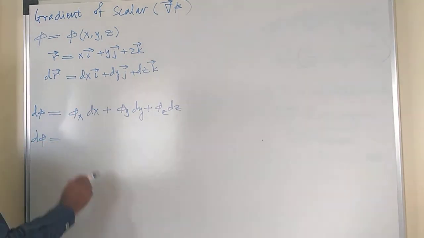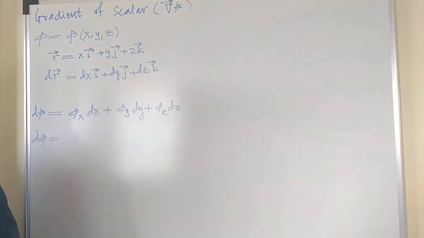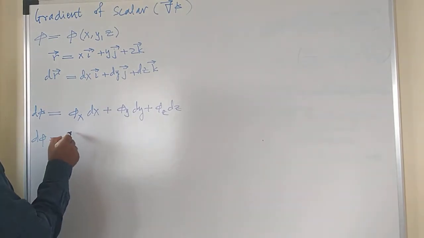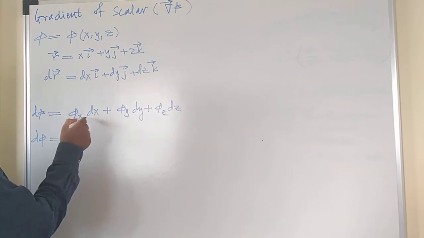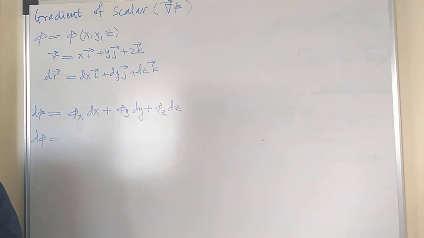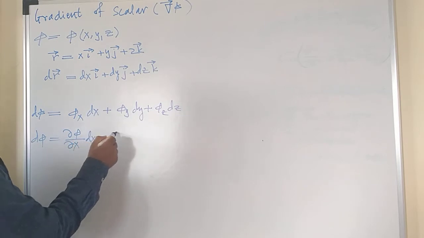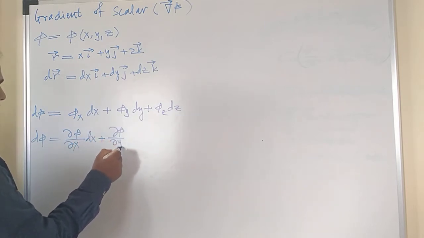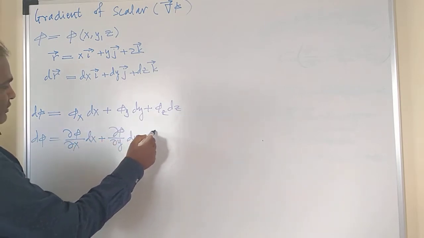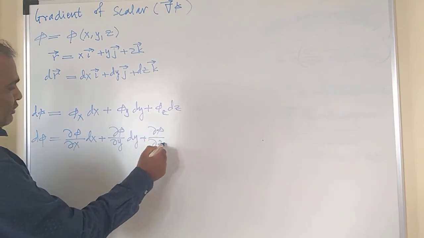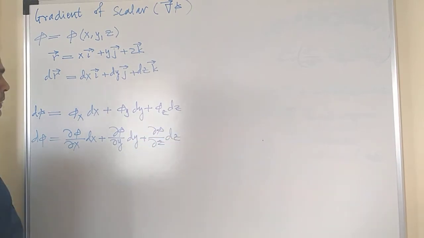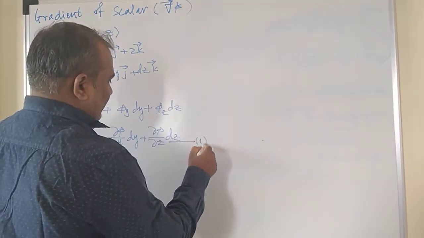So for more clarity, I can write the total differentiation of the given scalar point function d phi. Phi x, phi y and phi z are the partial derivatives of the scalar point function with respect to x, y and z. Therefore I can write d phi equal to dou phi by dou x into dx plus dou phi by dou y into dy plus dou phi by dou z into dz. Let us say this is our equation number 1, right?